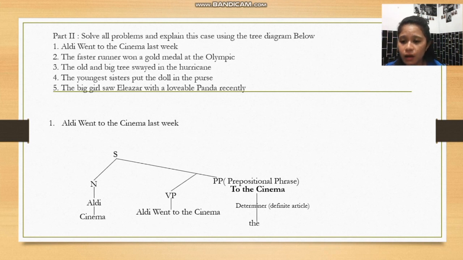Number 1. Aldi went to the cinema last week. Subject, noun: Aldi. Verb phrase: went to the cinema. Preposition phrase: to the cinema. Determiner: the, definite article.